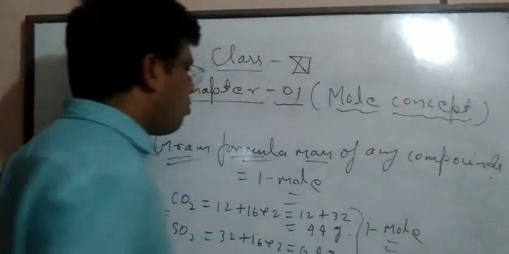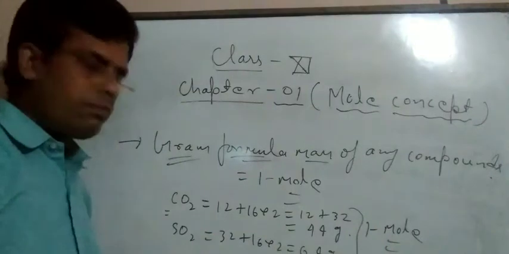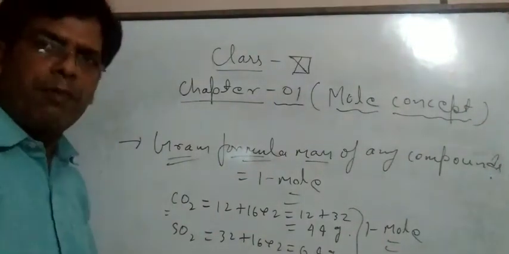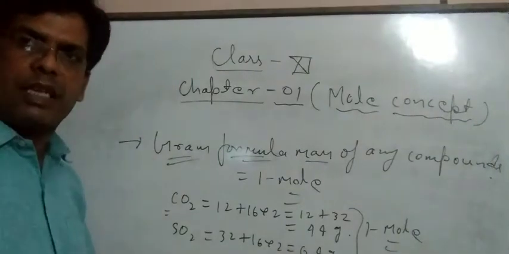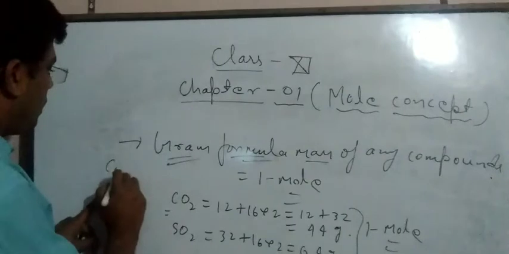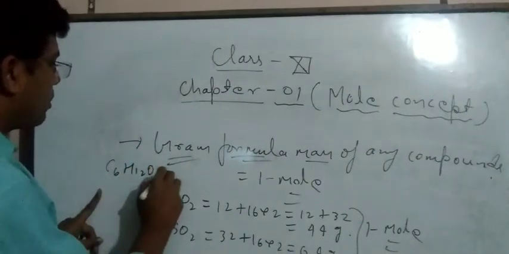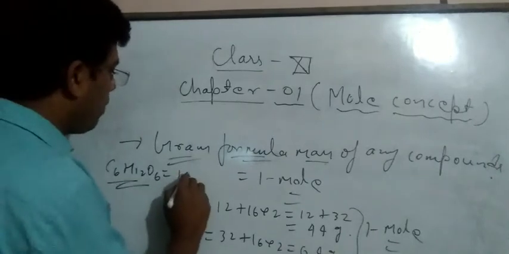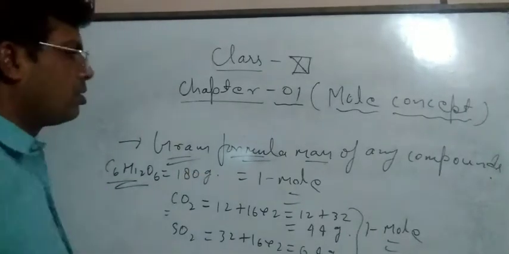So gram formula mass of any compound will be equal to 1 mole. For example, if glucose is taken, like C6H12O6, then gram formula mass of this compound will be equal to 180 gram.